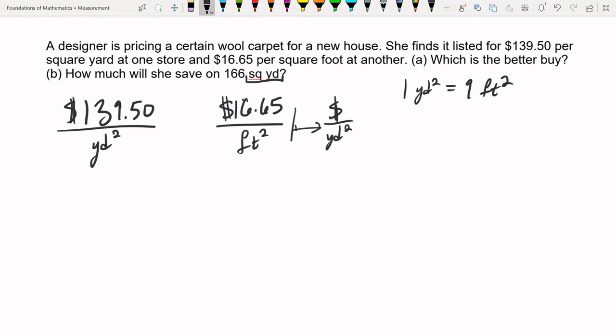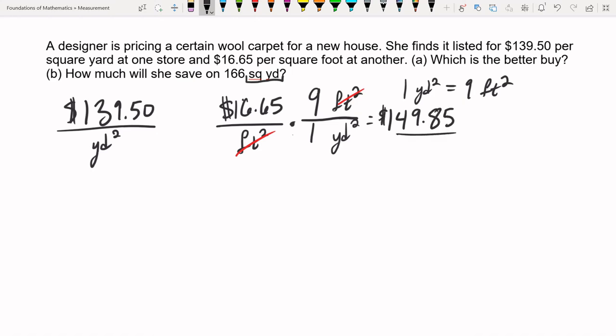Okay, so now let's multiply this thing by, we want to get rid of the feet squared, so that's going to go on top because it was originally on bottom, and that way they cancel. And we want yard squared. 1 yard squared equals 9 square feet. Doing the multiplication gives us 16.65 times 9, 149.85. This is going to be dollars per yard squared.